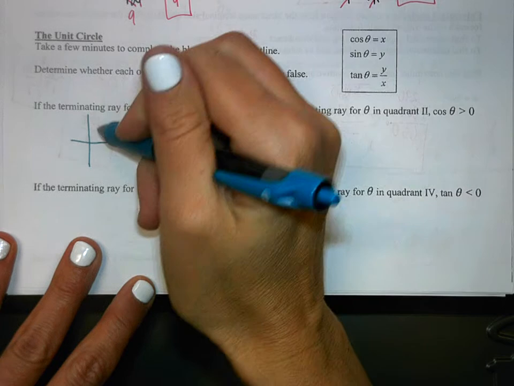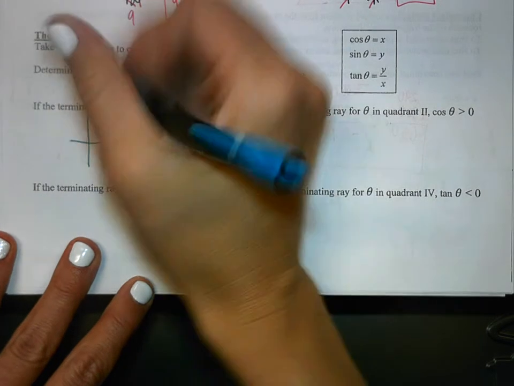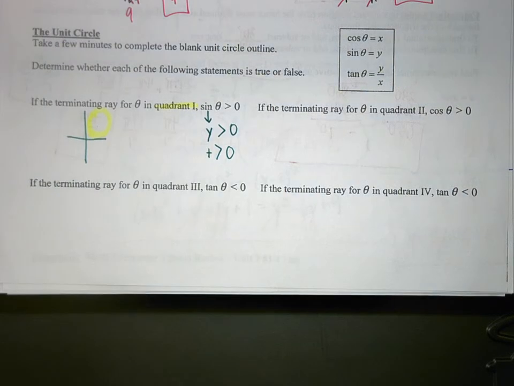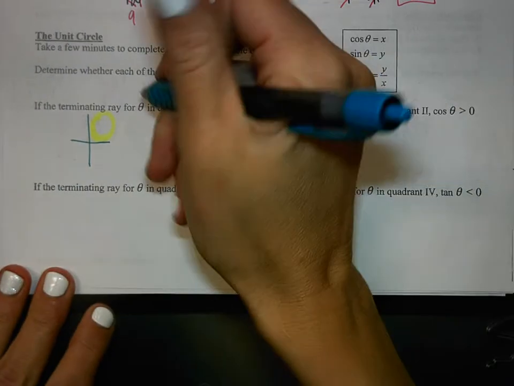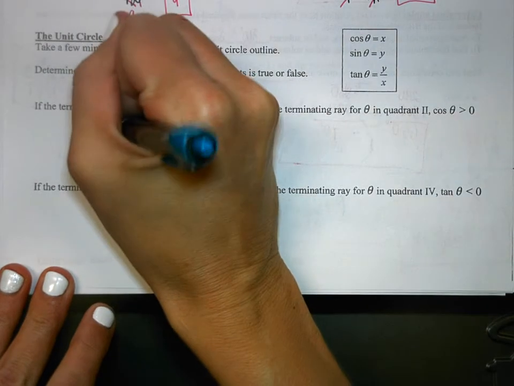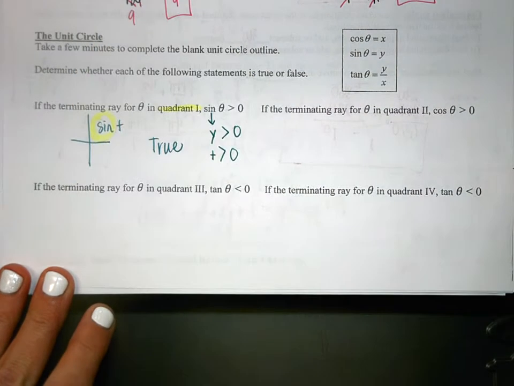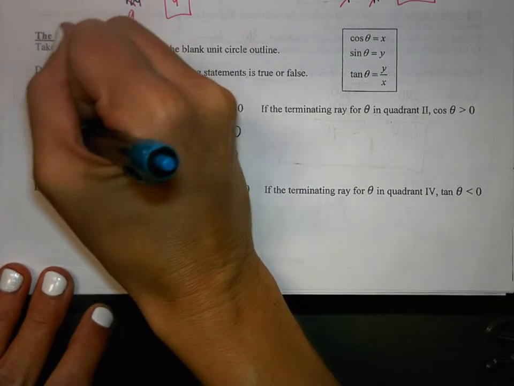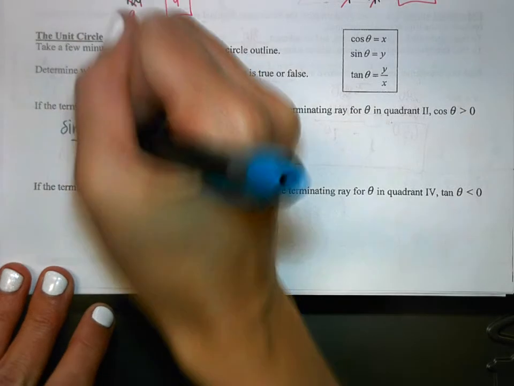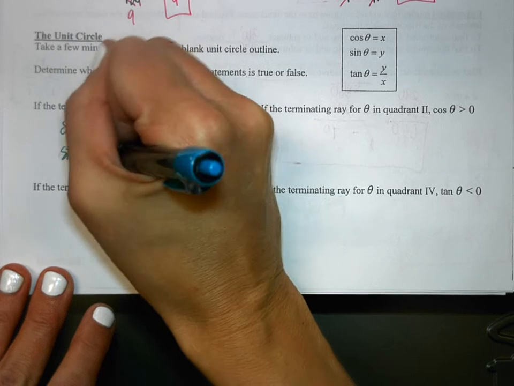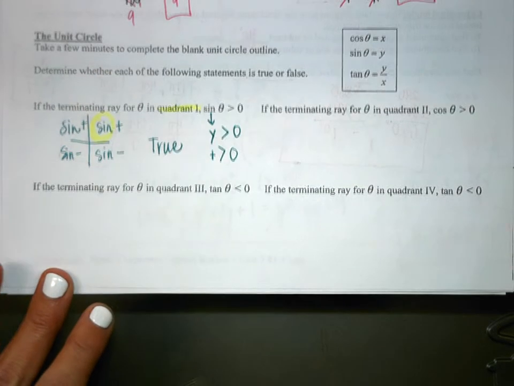Now, in this quadrant, right here, are Y's greater than 0? Yes. So that means that this is true. Because here, sine is positive. Okay? And this also, sine is positive, and then in the other quadrant, sine is negative. Because we're talking about the Y values.